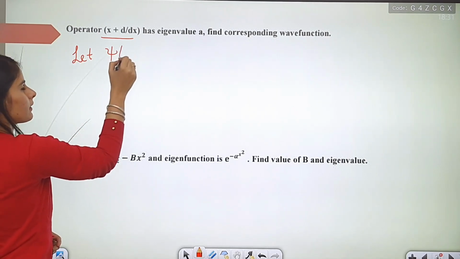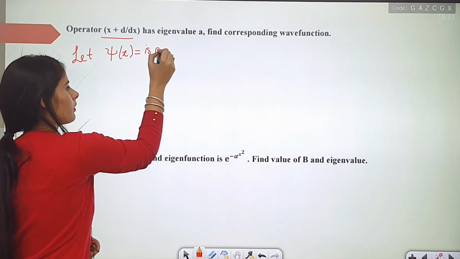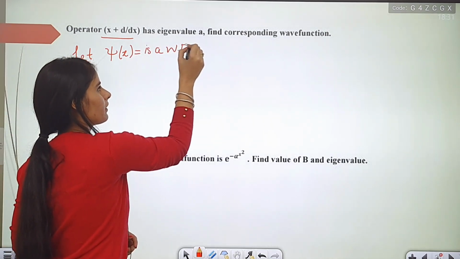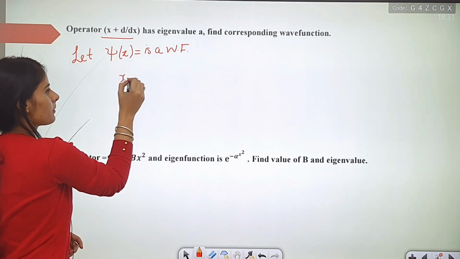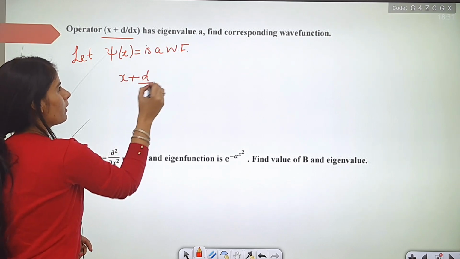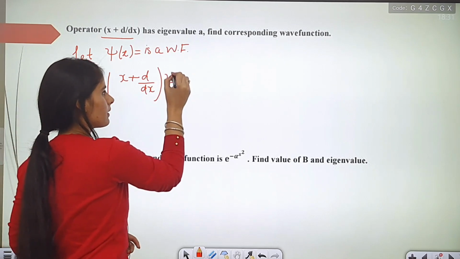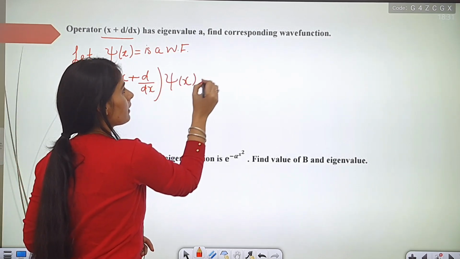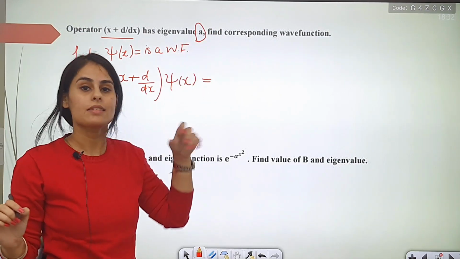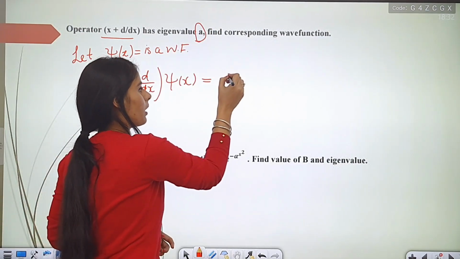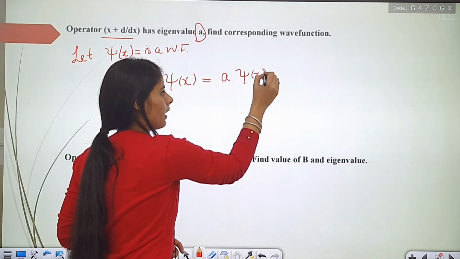So now let psi of x be our wave function. I am writing it WF. So as I am operating this, x plus d upon dx working on psi of x is equal to the eigenvalue. Here a is our eigenvalue, so I am going to write eigenvalue times psi of x.